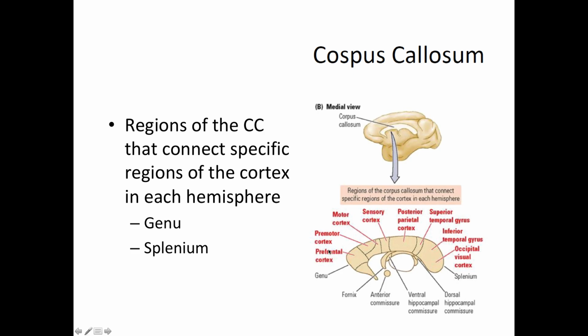Then you have fibers through the body of the corpus callosum. Proceeding from front to back, they project from the premotor, motor, somatosensory, and posterior parietal cortices. Fibers at the posterior end, which we call the splenium, project from the superior temporal, inferior temporal, and visual cortices.